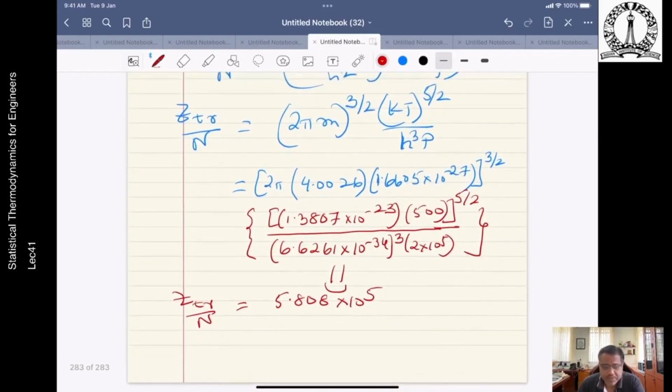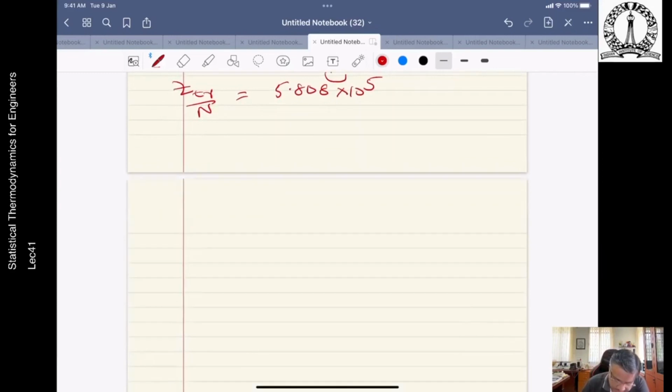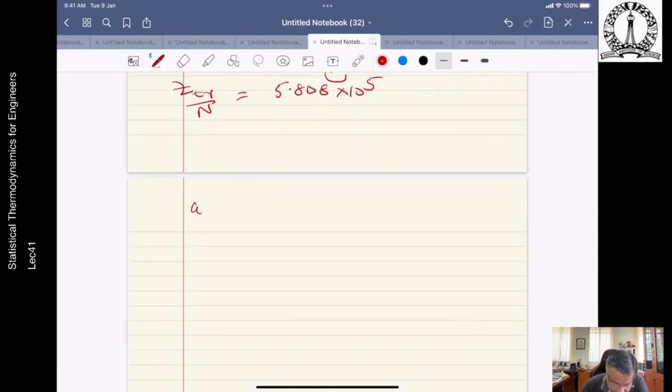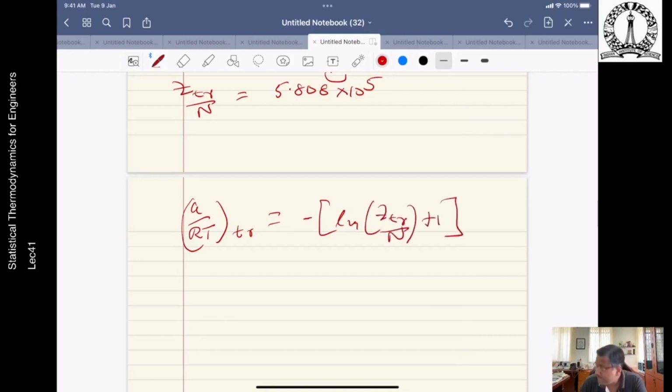Then, let us substitute this in the expression. ATR is equal to minus, again we are writing it, ln ZTR by N plus 1. It is equal to minus 13.272 plus 1, which gives you minus 14.272.